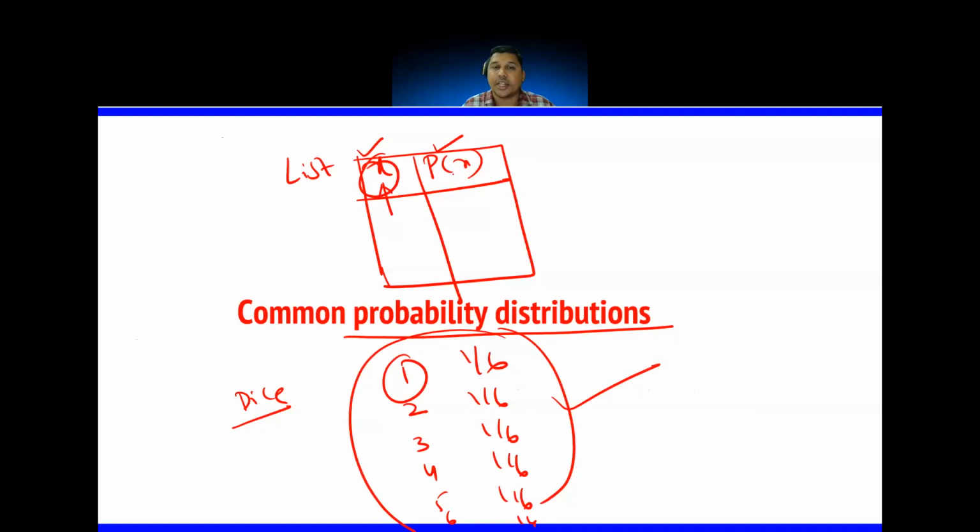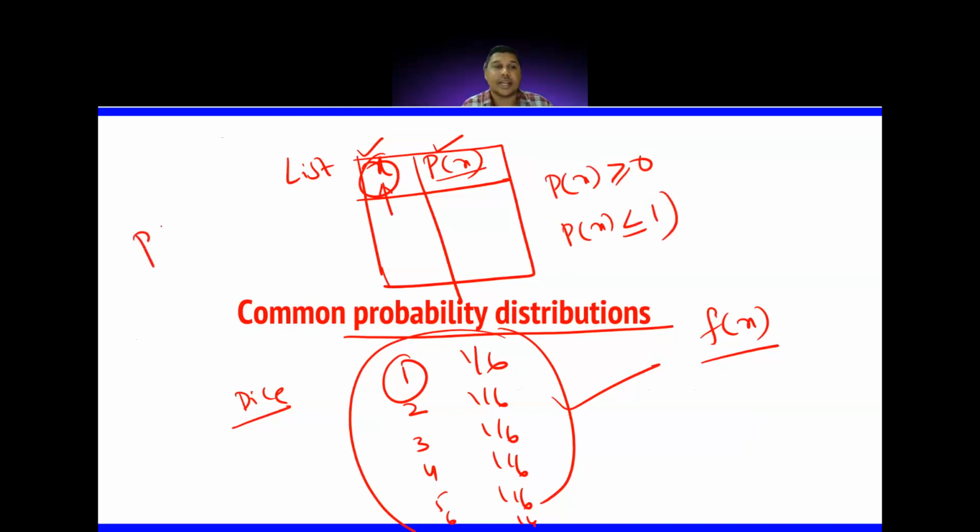It is represented as p of x in discrete, whereas in continuous it is represented as f of x. So we have seen that in discrete probability distributions, the value is something like this: p of x greater than or equal to 0 and p of x less than or equal to 1.